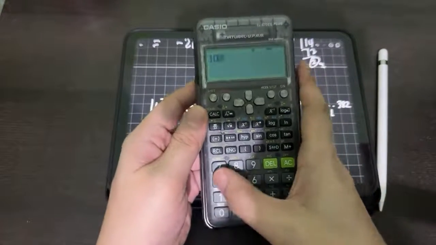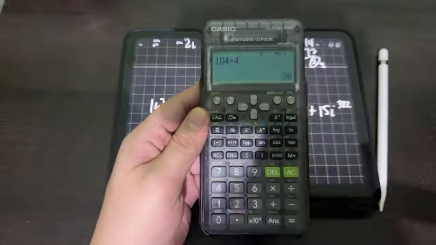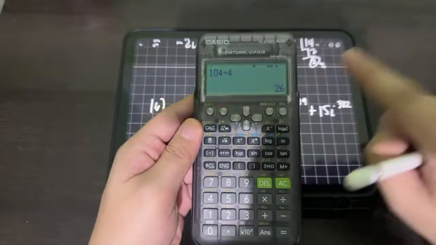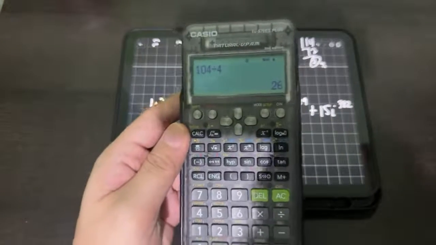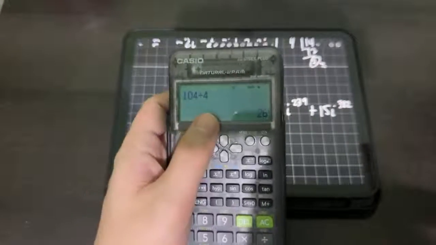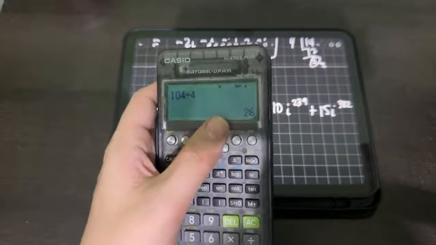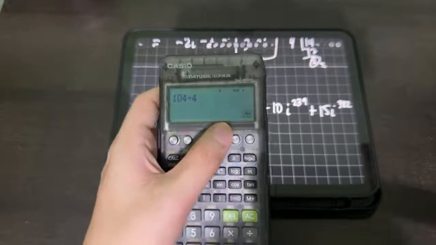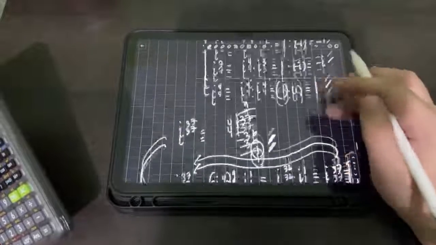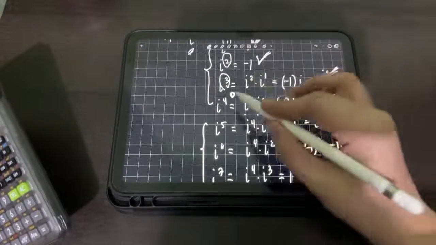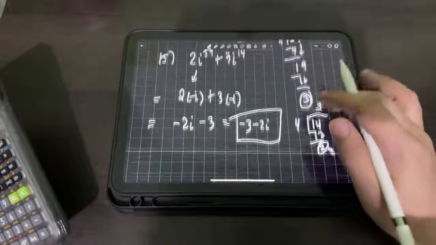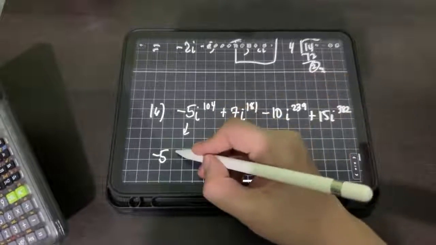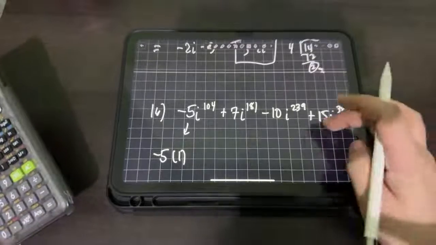So 104 divided by 4 is exactly equal to 26. So therefore, there is no remainder because you have an exact quotient of 26. So when the remainder is 0, like what I've said here, it is equivalent to 1. So i to the 104 is just equal to 1.